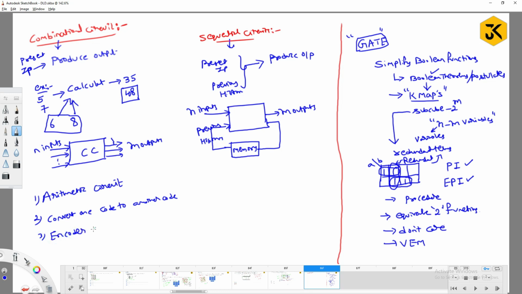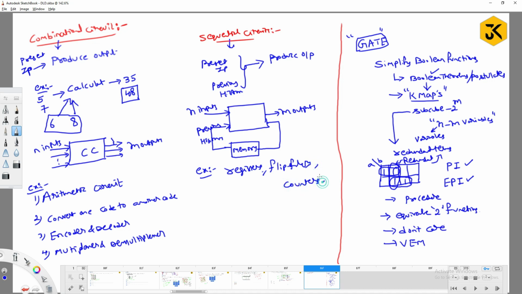Encoders and decoders, we'll go through all this one by one later, also come under combinational circuits, and the other kinds are multiplexers and demultiplexers. These are some examples of combinational circuits. If you look into examples of sequential circuits, registers are one kind, which contain internal memory. Flip-flops are another example of sequential circuits. Counters are there. We are going to see all these.